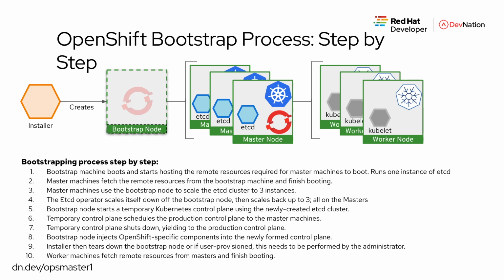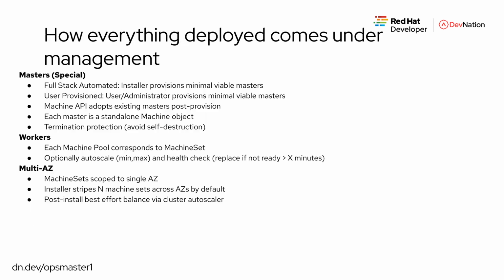And so we use a series of operators and predefined manifest files and moving Kubernetes components around between these hosts until we get to the point where the control plane is fully functional and self-sufficient. Again, how everything comes under management in the cluster, the masters are a little bit special.